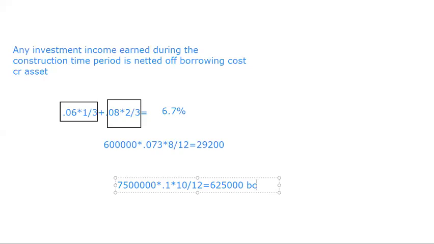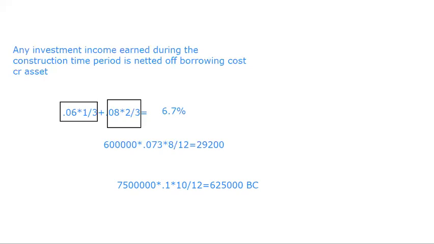Now, next is investment. As not all the funds were needed immediately, Gilbert invested 2 million in 4.5% bonds from 1st January to 1st May X6. Remember, any interest earned in non-construction time period is 1 month. And February, March, April, 3 months are capitalized.